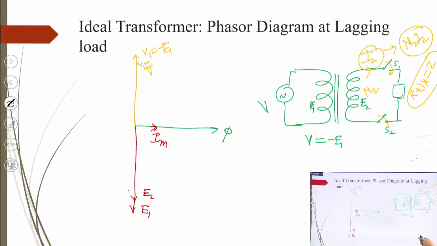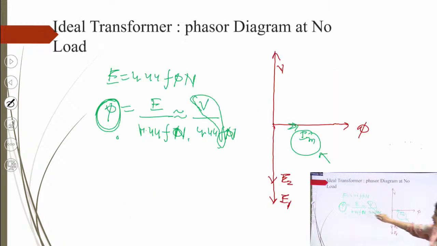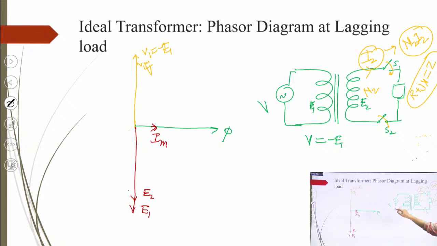Previously I said that as you apply the voltage on the primary side at constant voltage and constant frequency, the flux set up in the core will be constant, right? Now if you connect the load, I2 will start flowing, and due to this I2 the MMF N2 I2 will be produced. But the flux in the core is constant, so the flux produced by this MMF must be nullified, right?